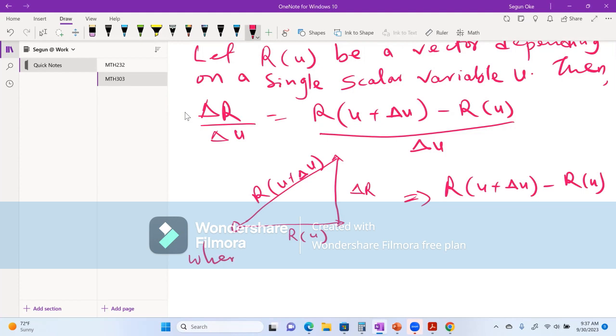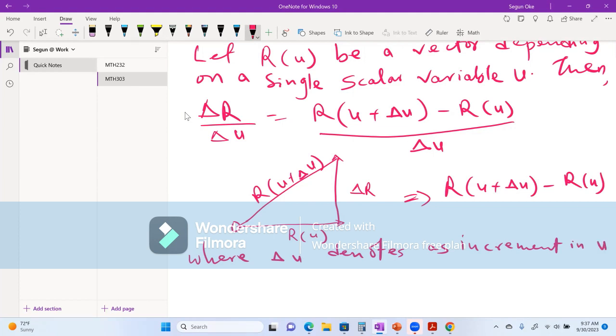where change in u denotes increments in u.